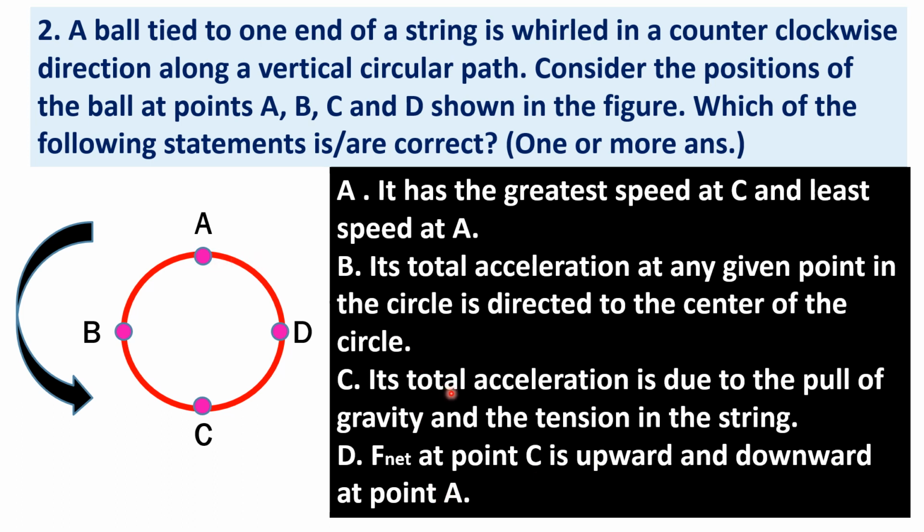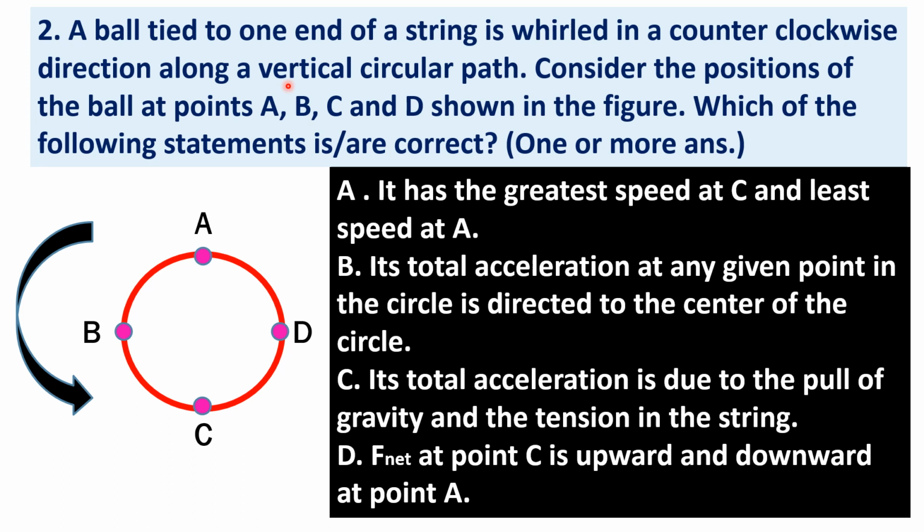We have to emphasize that we are now talking about a body that is moving along a vertical circular path. Earlier in question number one, we were assuming that the body was moving in a horizontal circular fashion, where it is possible to assume that the tangential velocity has a constant magnitude.